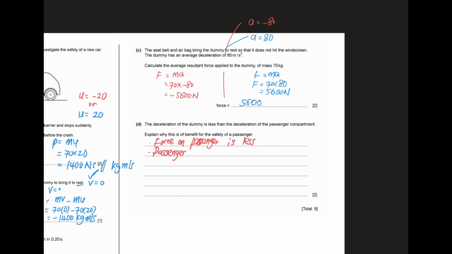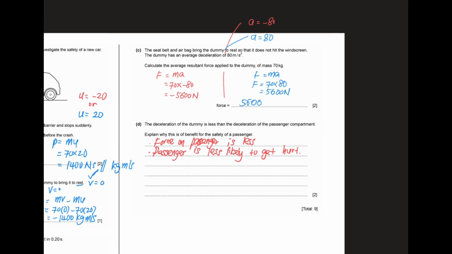Passenger is less likely to get hurt. Okay, so this is how we handle the questions. From here you already get some exam techniques. So this question we settled already.